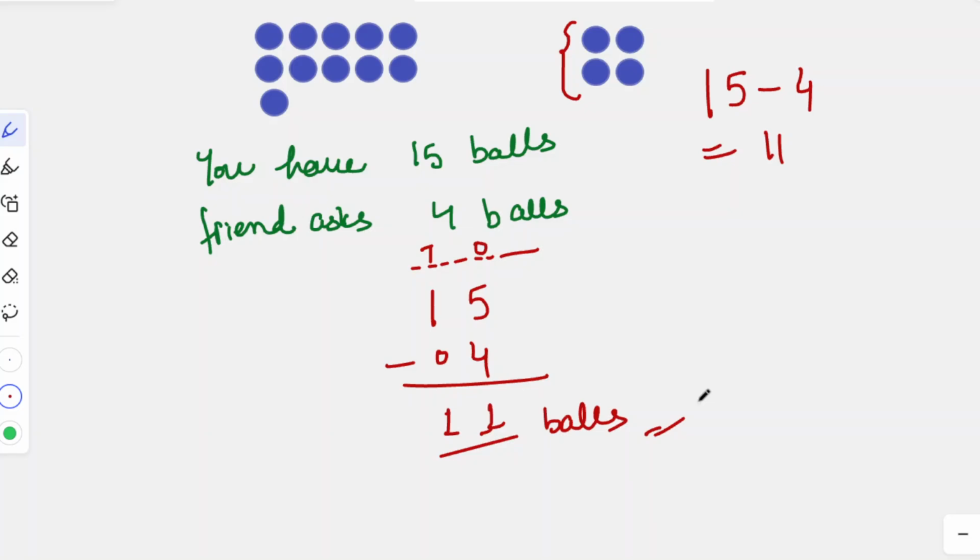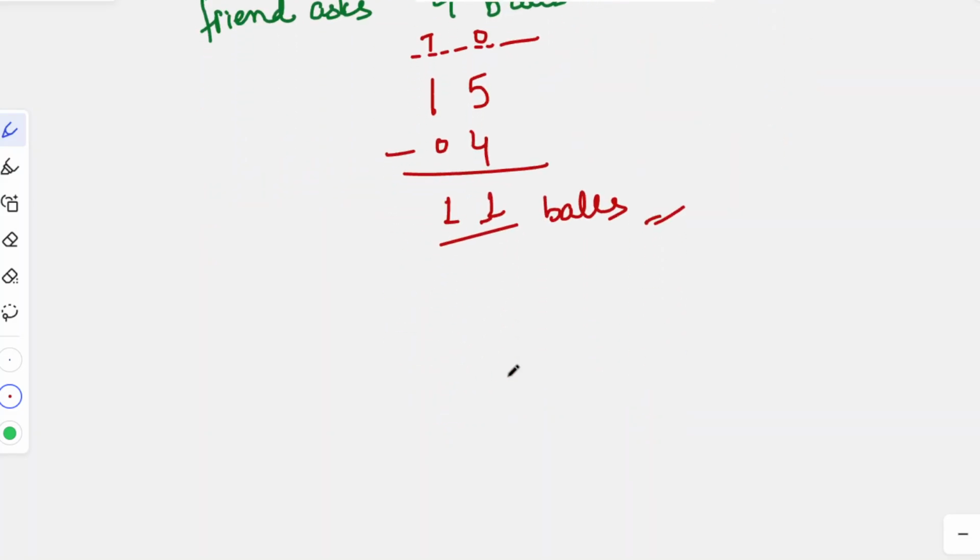Now, what happens if we cannot subtract directly? Directly means here we subtracted 4 from 5 and we got 1, right? But let's suppose you have 72 balls, okay? And you give away 14 balls. Now, it's not possible to draw so many balls, right?